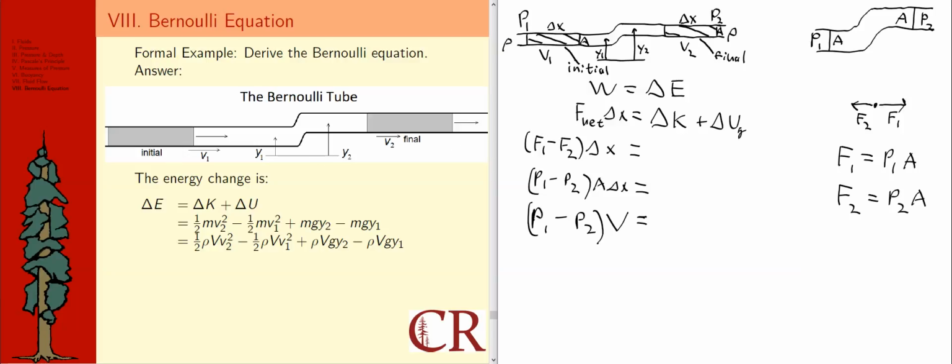In general, if the 2 side represents final, then for kinetic energy, it's going to be 1/2 mv2 squared minus 1/2 mv1 squared. And then for the change in gravitational energy, and this is where I hope I don't run out of room, mgy2 minus mgy1. That one I have to squeeze a little bit in there.